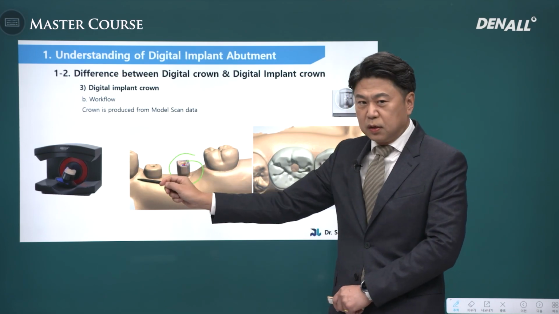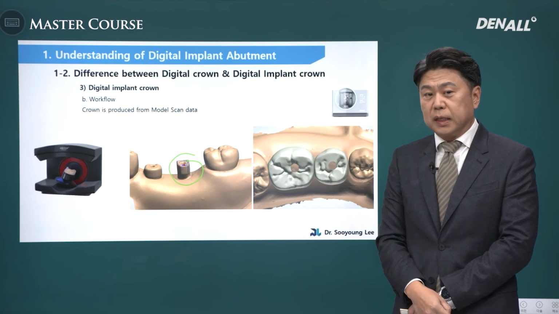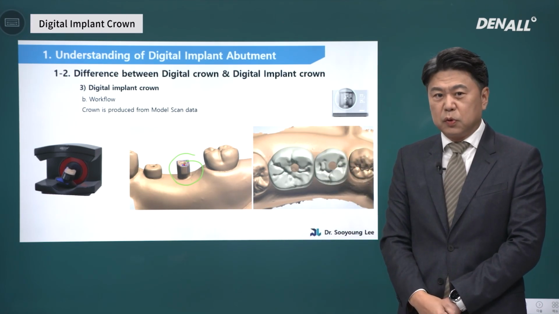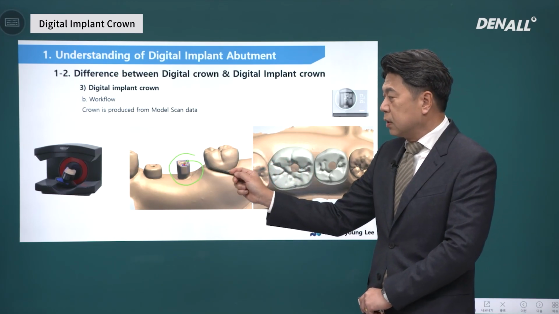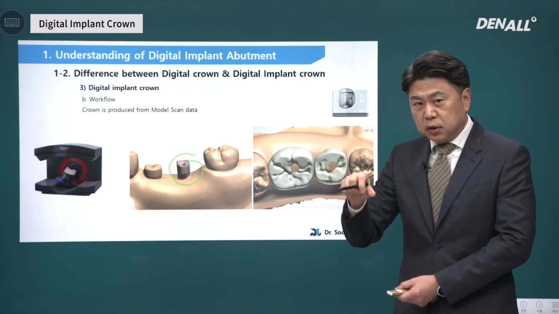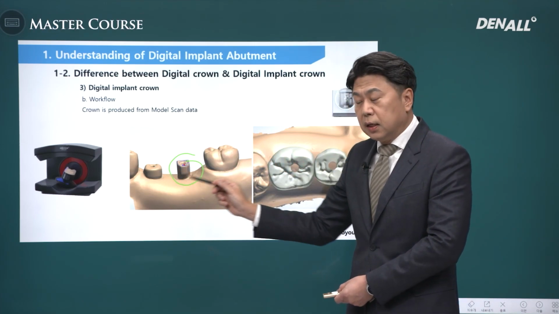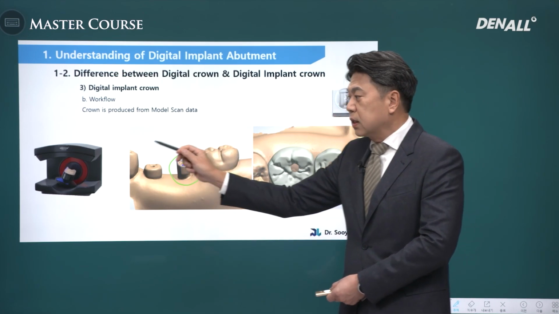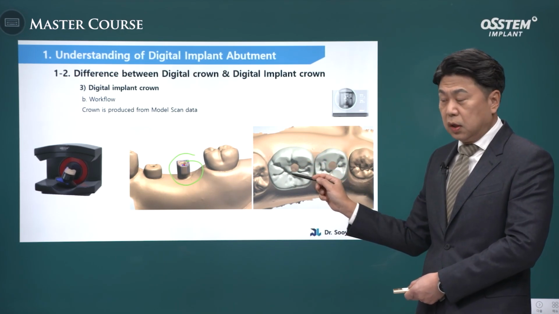Why do we need to use a model scanner? As there is no light reflection, an intraoral scanner would be good enough, but many people do not have an intraoral scanner yet. So when you don't have an intraoral scanner, rather than taking an impression and scanning an abutment, a scan body should be connected and an impression should be taken and scanned to fabricate a custom abutment.